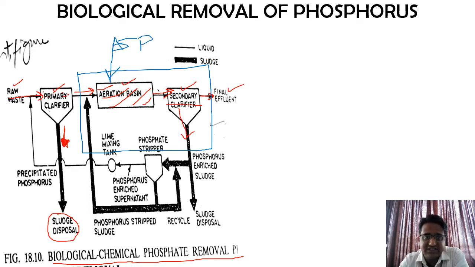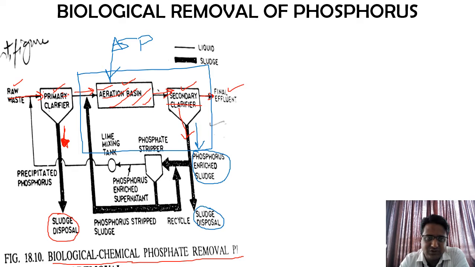From the aeration tank it comes to the secondary clarifier, and the sludge settles down here. Half of this sludge will go for disposal, and here they have written it as phosphorus enriched sludge.